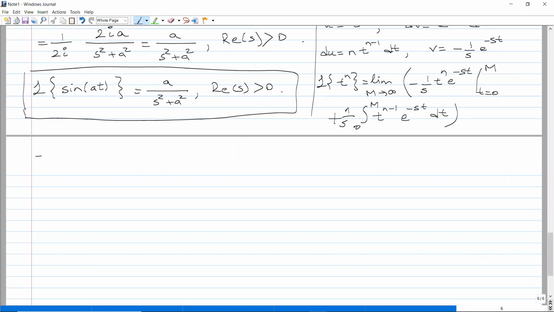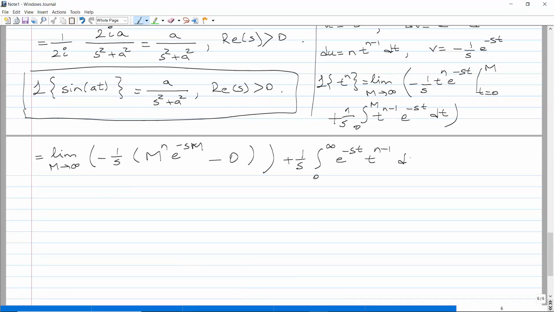Let's keep going. The limit as m goes to infinity of the first part, minus 1 over s times m to the power n e to the minus sm, minus, when you put t equals 0, it becomes 0. And then plus n over s times the integral from 0 to infinity of e to the minus st, t to the n minus 1 dt.